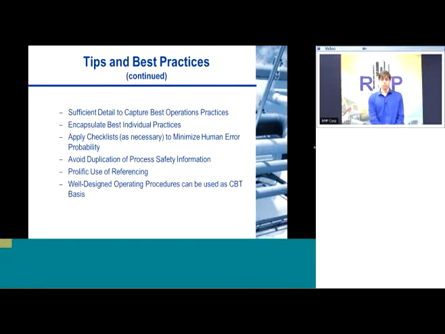Avoid duplication of process safety information. Process safety information is another element of an effective CalARP RMP PSM program. And your operating procedures should include enough process safety information to help operators safely operate the process without having to constantly refer to your PSI.